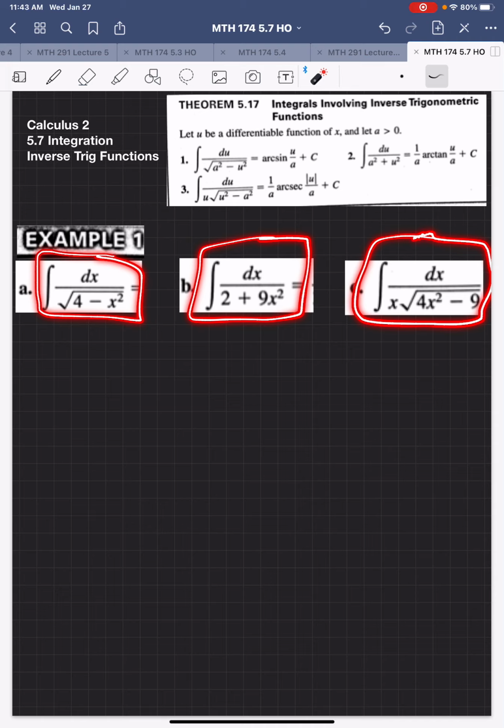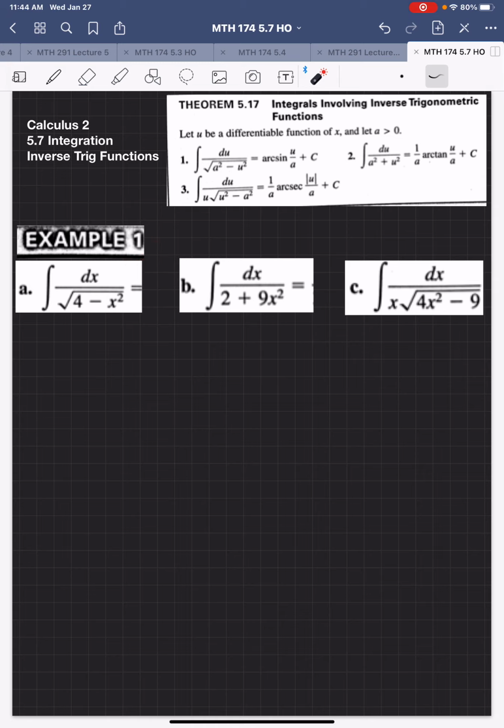So A is the number, it's the constant, whereas the U is the function. It's some differentiable function. So let's look at part A, and we'll try to match it with one of the three formulas above, while at the same time we'll try to figure out, what would A be in this case? What would U be in this case?